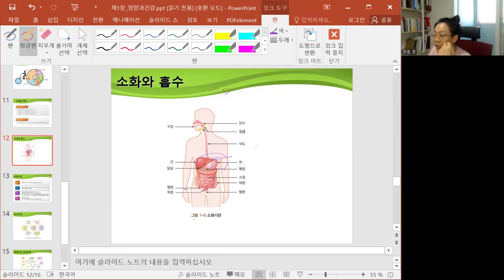The stomach has strong muscular walls that churn, C-H-U-R-N, turn and mix the food.